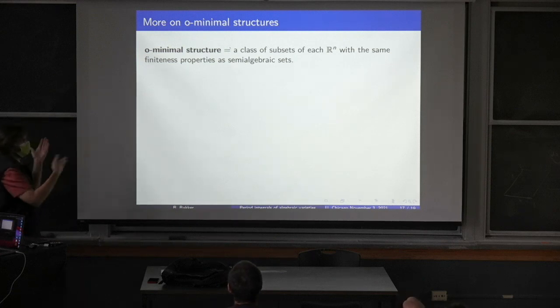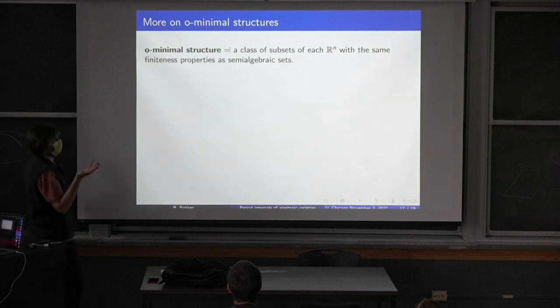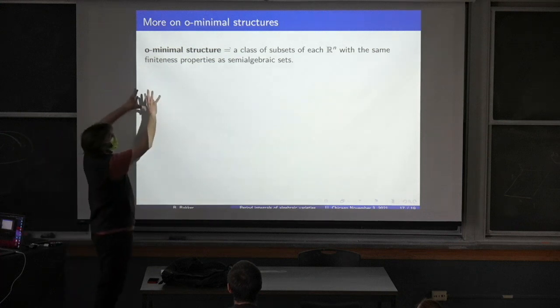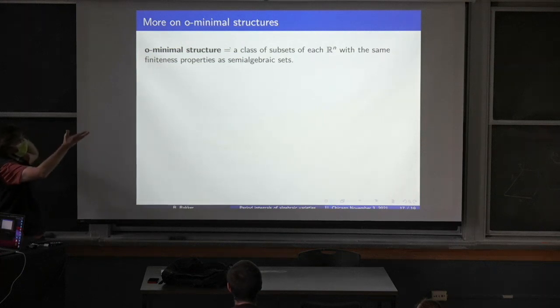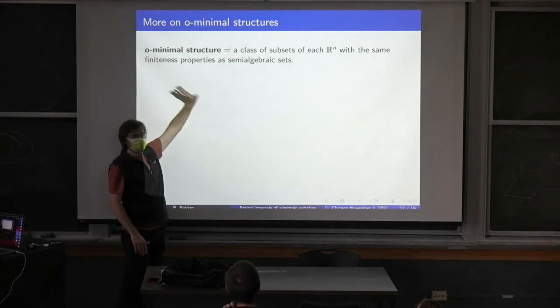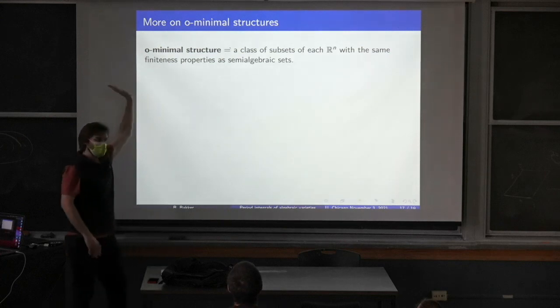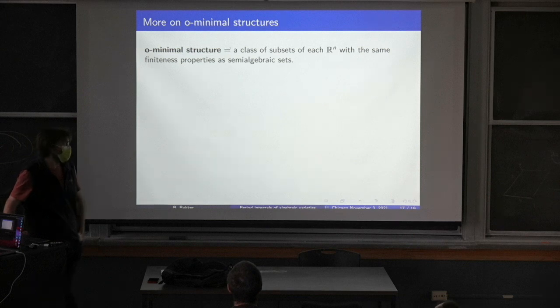This concept originated in the 80s and has been thought about quite a bit by model theorists. But the important point here is that basically all Hodge theoretic constructions can be done within an O-minimal structure. So all of the functions we end up using in Hodge theory have these strong finiteness properties that semi-algebraic sets also have. And this leads to a host of algebraicity phenomena. Anyway, let me stop there.